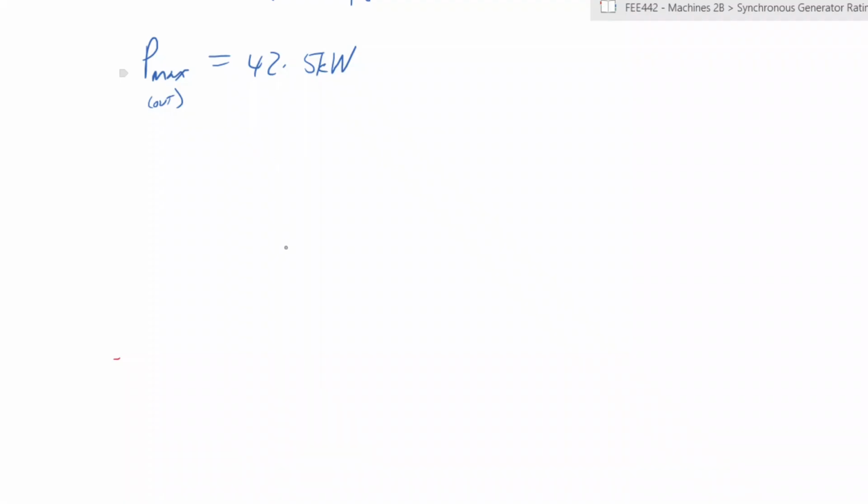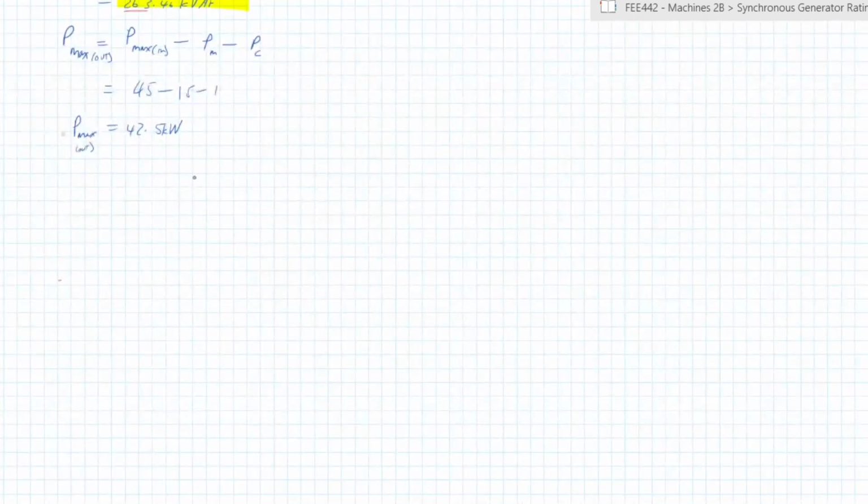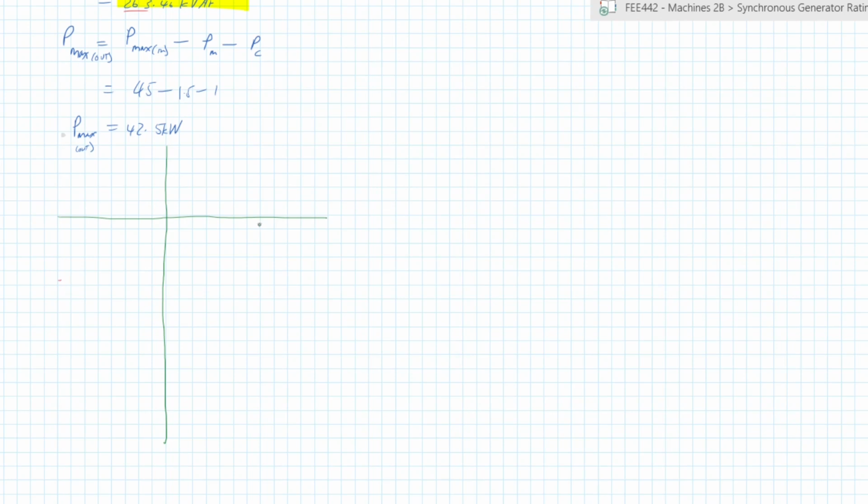So now if we draw our capability curve, let's just have some squares that will guide us, something like that. And if we have your capability curve, we zoom out a bit. So this is our P axis, this is our Q axis.